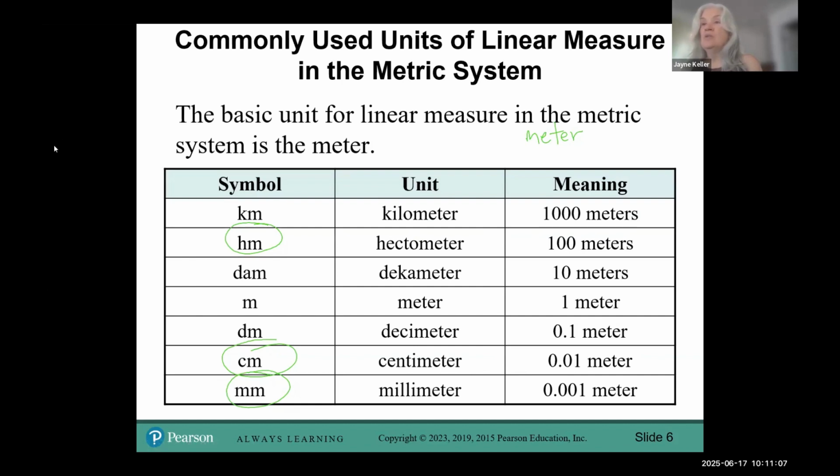And here you can see what it looks like when we combine it with the meter. So kilometers, 1,000 meters, the meter, which is our base unit, which is about a yard, centimeter, there's about a couple of these in an inch, and then millimeter, 1,000th of a meter, and I always think the thickness of a dime if I want to kind of visualize about how big that is.